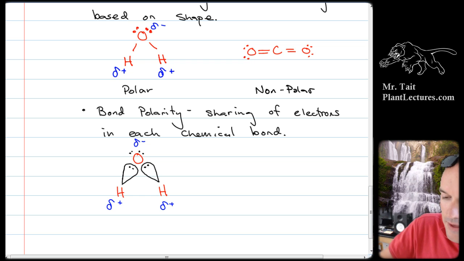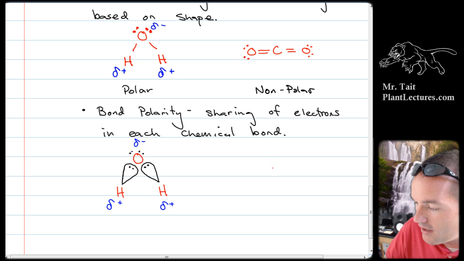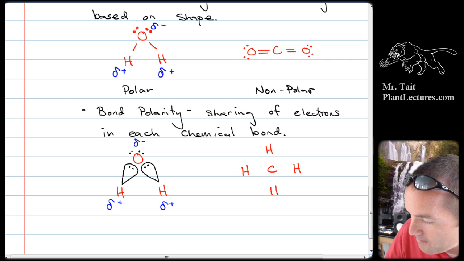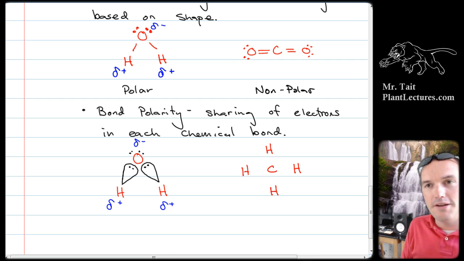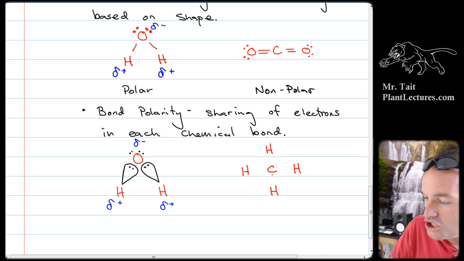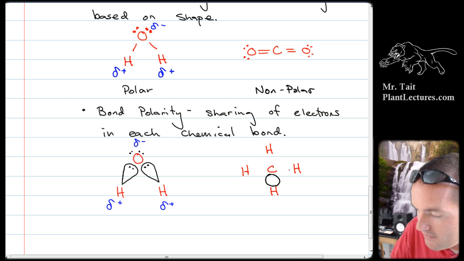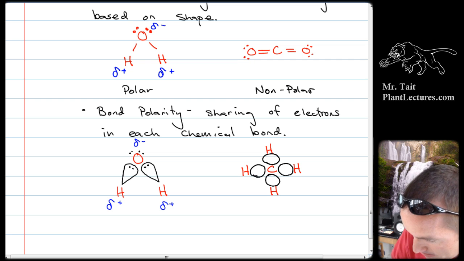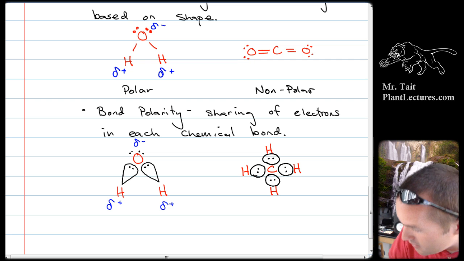This is in contrast to something like methane. Methane has carbon and hydrogen in it, and carbon and hydrogen have very similar electronegativities. So that means they're going to share nice and evenly like this. There are going to be these nice little circles in between them to say that the electrons are going to stay somewhere in that even area.